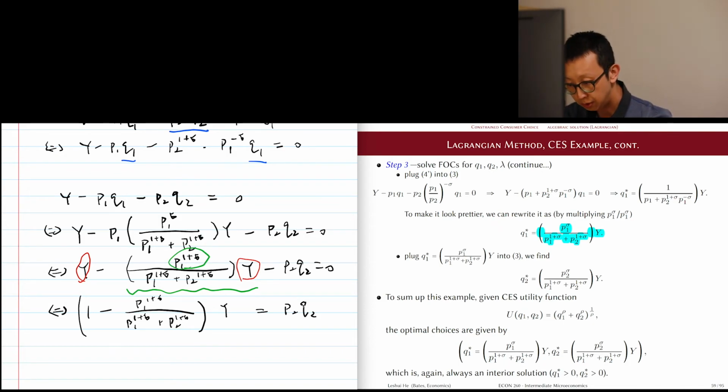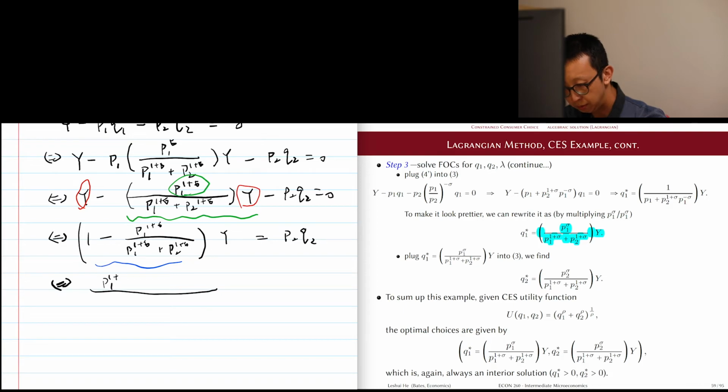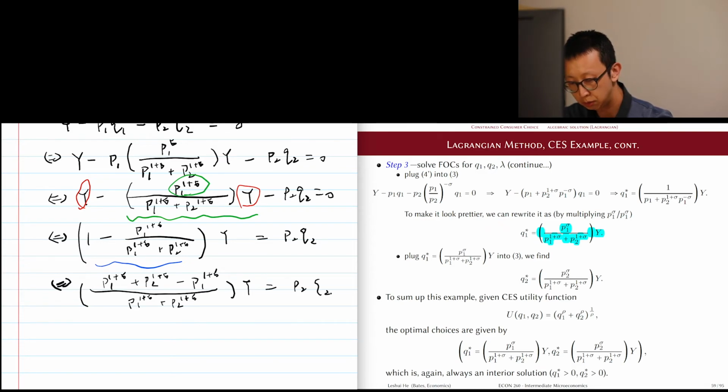And this term in the parentheses is just P1 to the power of 1 plus sigma plus P2 to the power of 1 plus sigma minus P1 to the power of 1 plus sigma over P1 to the power of 1 plus sigma plus P2 to the power of 1 plus sigma. Right? And multiply by y, of course, that is equal to P2 times Q2.